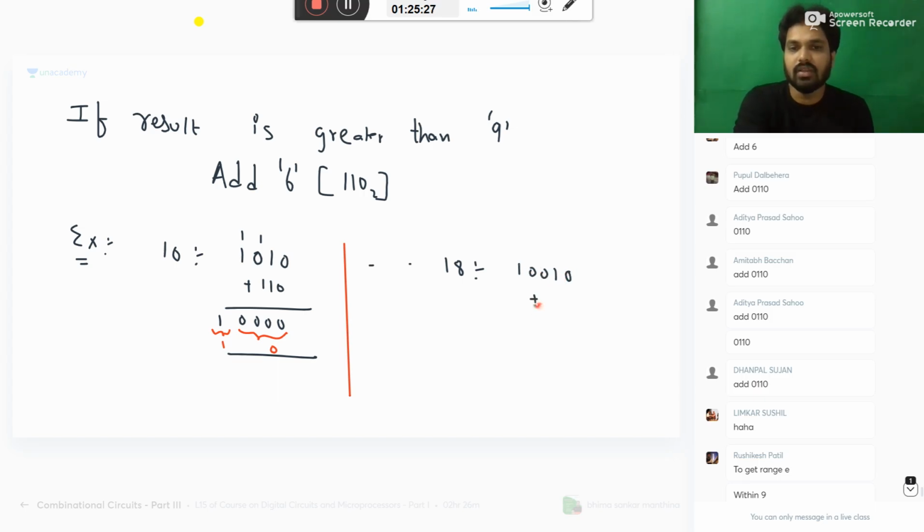So add 6 here. So 1 plus 1, sum 0, carry 1, 1 plus 1, sum 0, carry 1, and this one, and you take this one here. Okay, so this is 1.